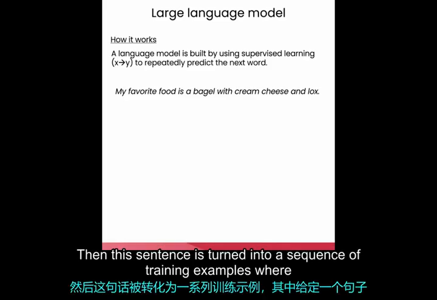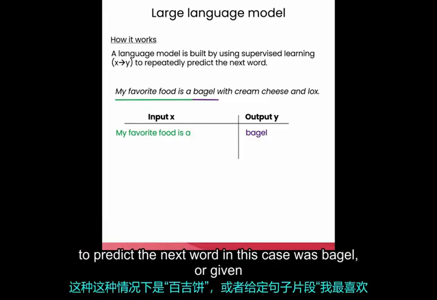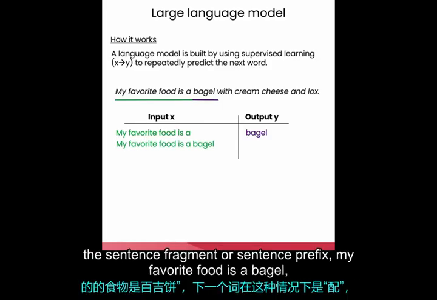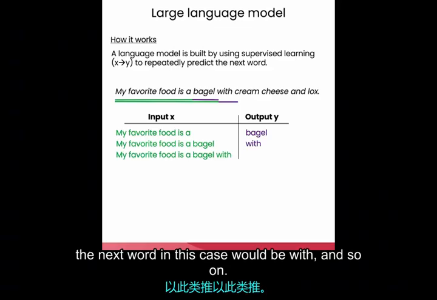Then this sentence is turned into a sequence of training examples where, given a sentence fragment, "my favorite food is a," you want to predict the next word, in this case "bagel," or given the sentence prefix, "my favorite food is a bagel," the next word in this case would be "with," and so on.